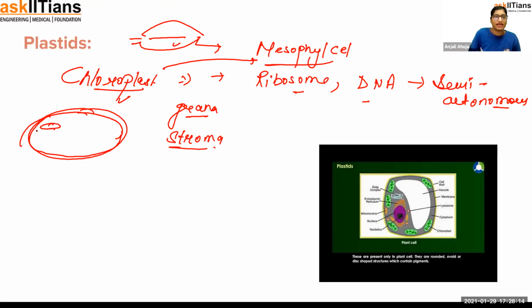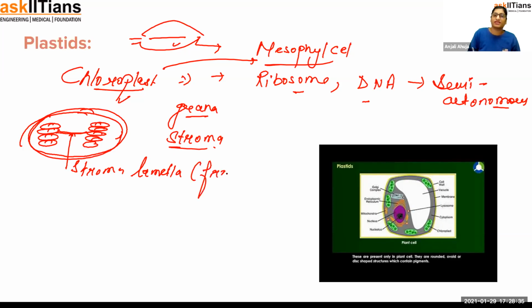Grana look like a stack of coins, like a pile of coins, one over one over one, like this. The number of times it is present, I'm just drawing it two times. Now these grana are attached to each other with the help of channels. We call them stroma lamellae. Actually, the stroma lamellae are also known as Fret channels.